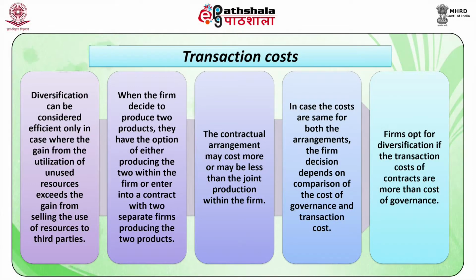In case the costs are the same for both arrangements, the firm's decision depends on a comparison of the cost of governance and transaction cost. Firms opt for diversification if the transaction costs of contracts are more than the cost of governance.